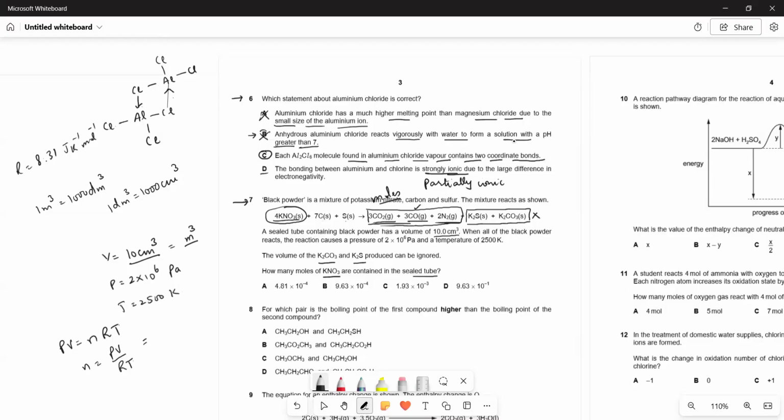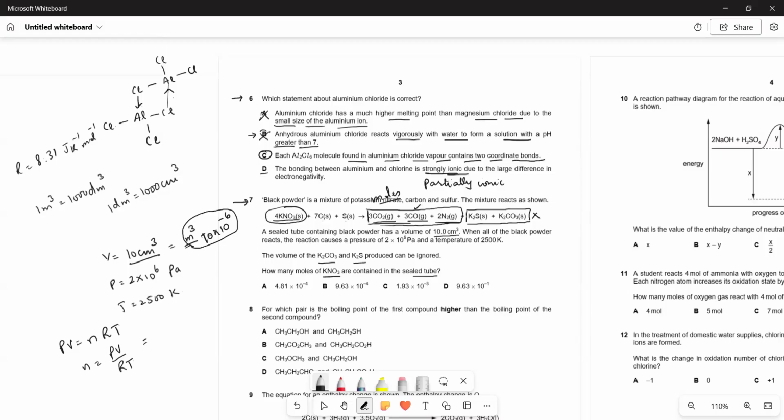If I want to convert it into cubic meter, I have to divide by 10 raised to power 6. So it will be 10 into 10 raised to power minus 6 cubic meter.